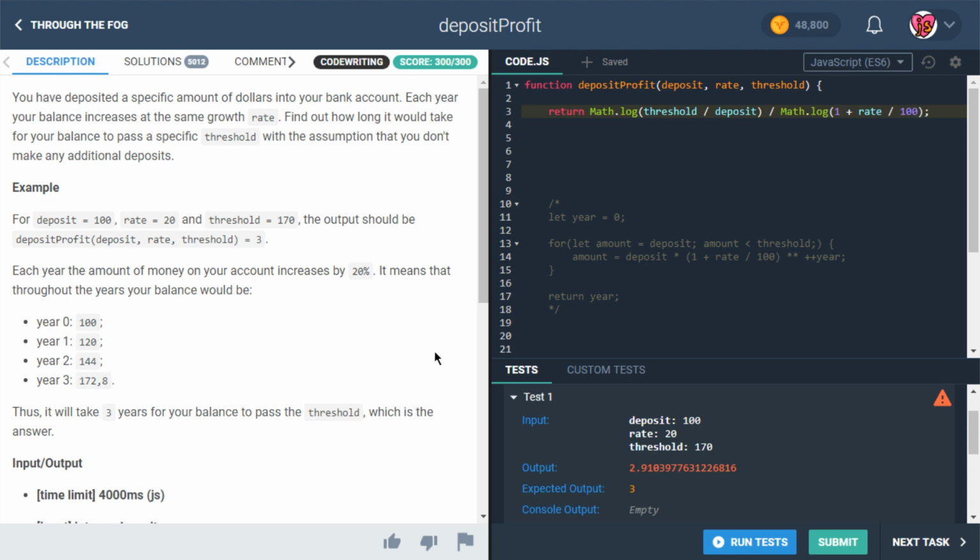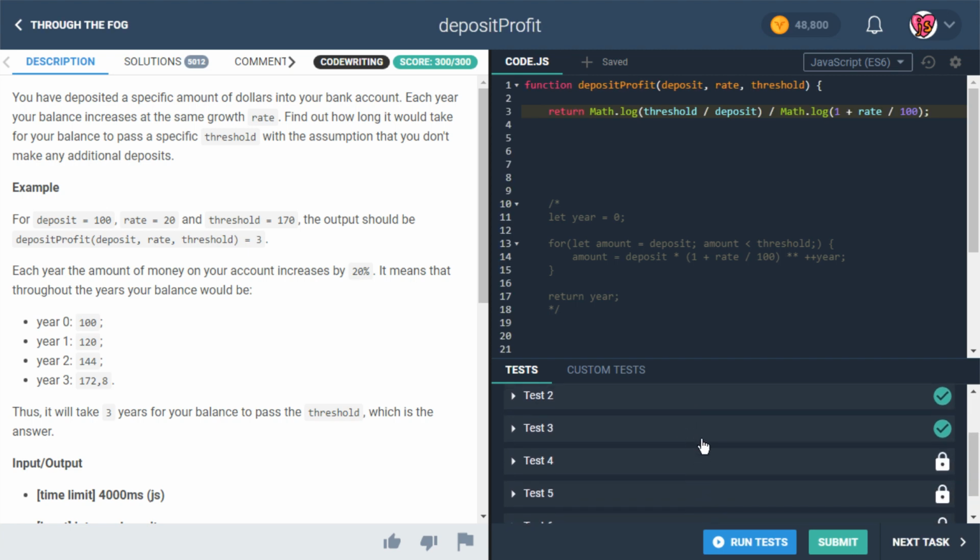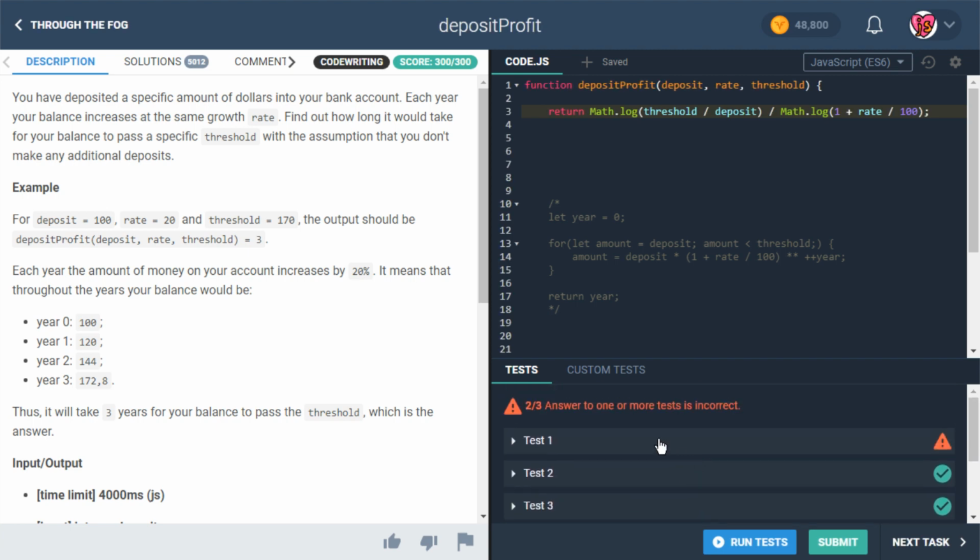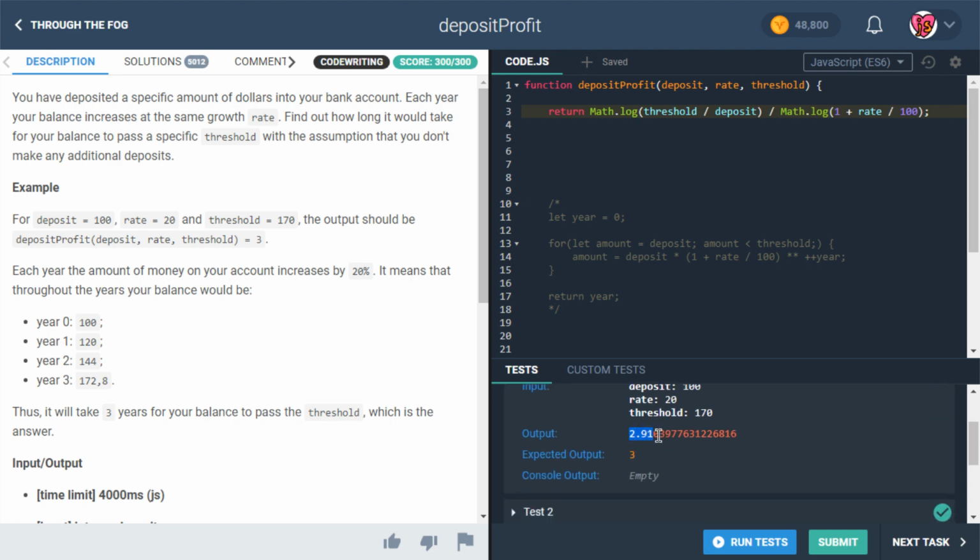Technically, it would hit 170 slightly before year 3, like 2.9. But that's assuming it's not compounded annually, and we don't need to get into those complications. Basically, we just want to round it up to the next whole year, right? Because it's not going to happen in between year 2 and 3. It's going to happen in the next year.